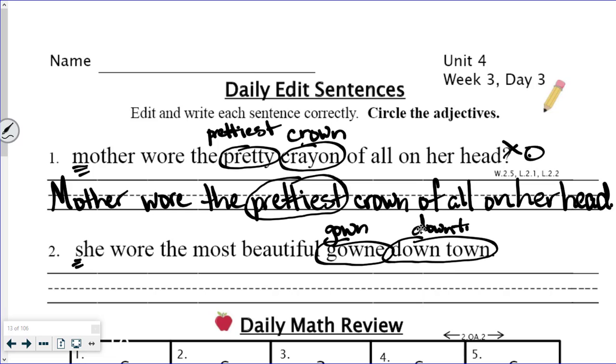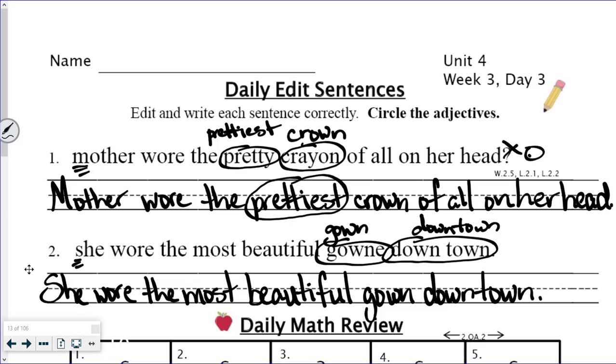D-O-W-N, T-O-W-N, no space. All right, now we're going to rewrite it nice and neat on the line. Okay, looking good. So let's see, we're looking for an adjective. So in this case, we're talking about the gown. What words describe the gown? Most beautiful. So it's actually 2 words, most and beautiful, describe the gown. So those are the adjectives.